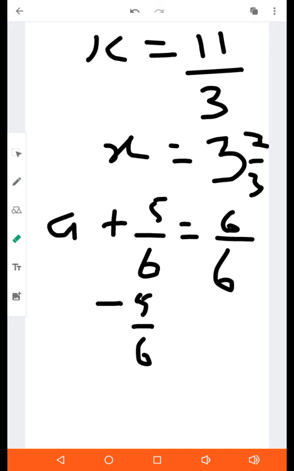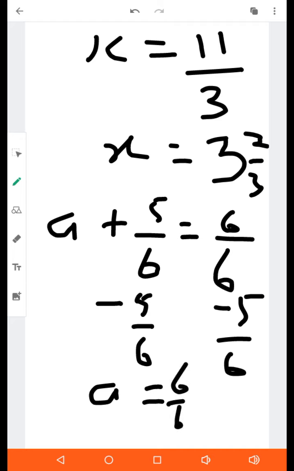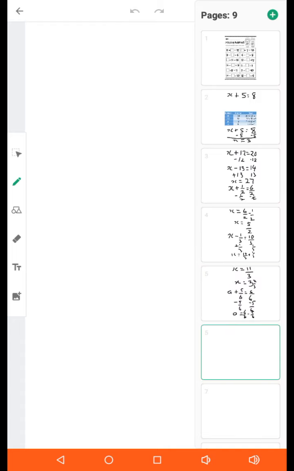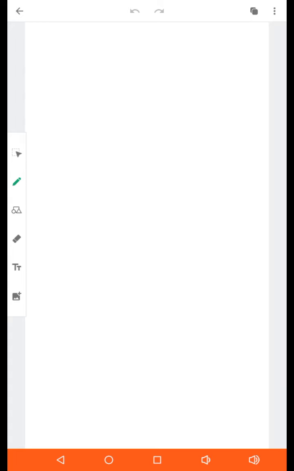So we'll have a is equal to 6/6 minus 5/6. And that gives us a is equal to 1/6.